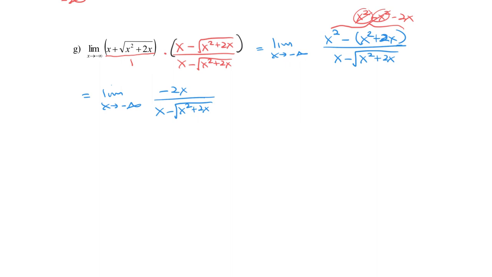We can think of multiplying by the highest power of x in the denominator, which would be 1 over x. 1 over x divided by 1 over x. And then we'll just multiply through here. So we will get the limit as x approaches negative infinity. So in the numerator, we're just going to have a negative 2.